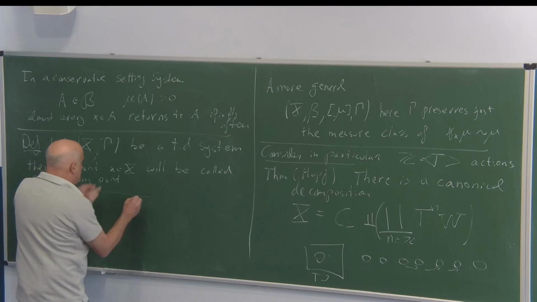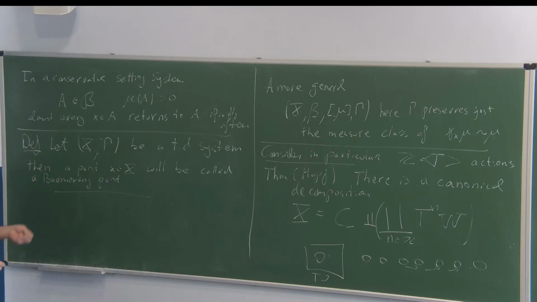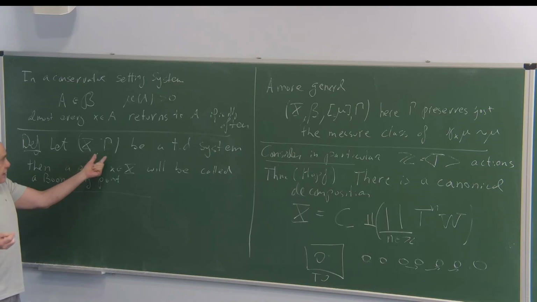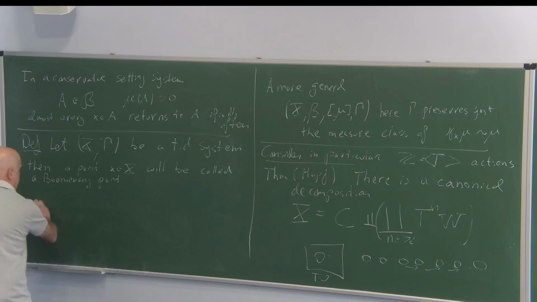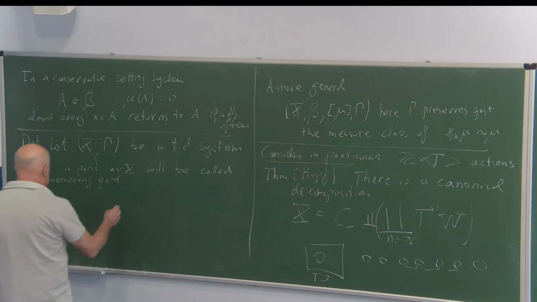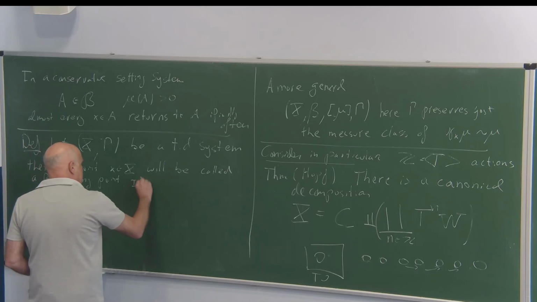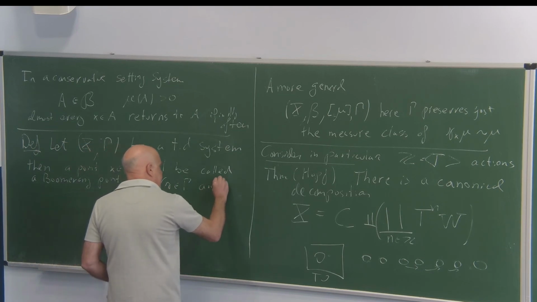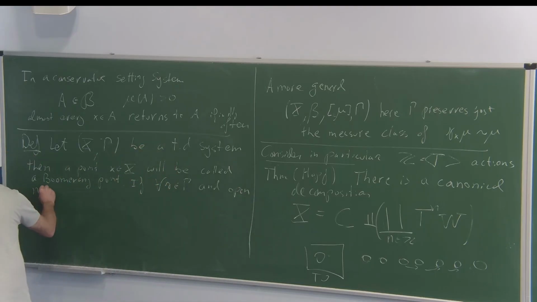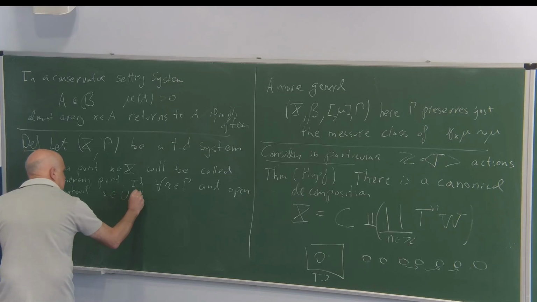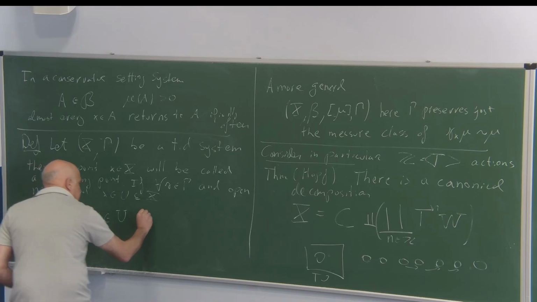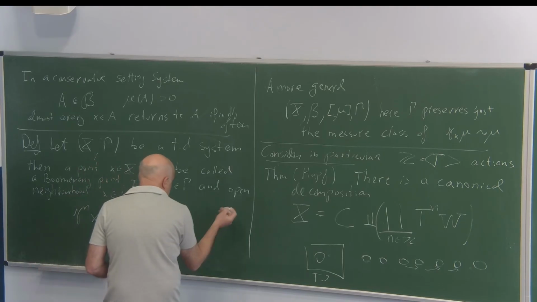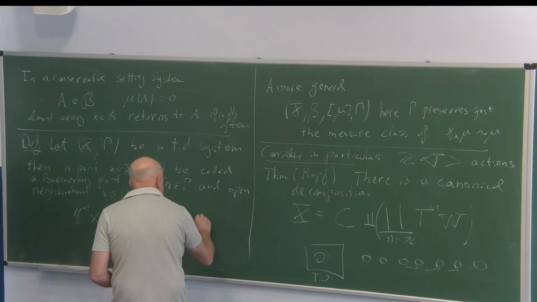Since we have a metric structure and a countable group, we might require everything in the topological sense of the word. So it is a Boomerang point if for every open neighborhood U of x, we have that gamma_n of x comes back to U for some, and hence also infinitely many times, n in N.